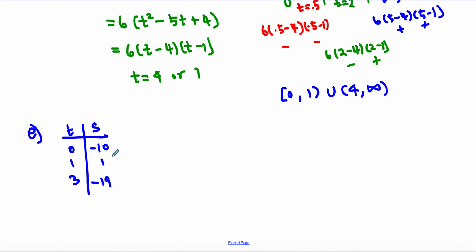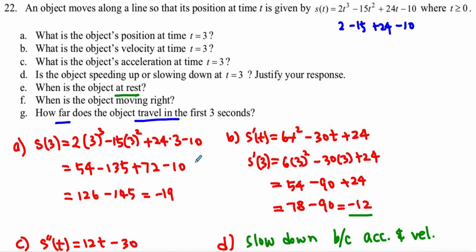From negative 10 to 1, it traveled 11 units, 1 minus negative 10, right? How about 1 through negative 19? It traveled 20 units. So combined, the total distance traveled was 31 units, which is our answer.